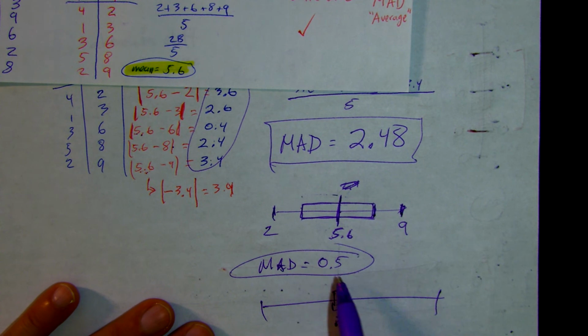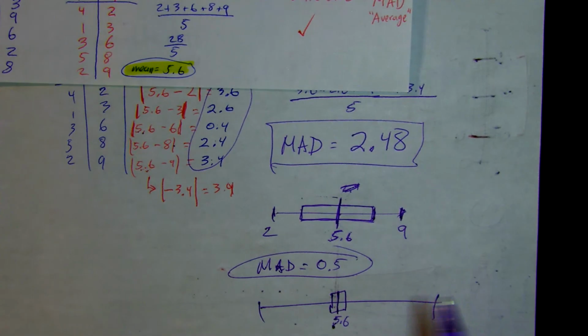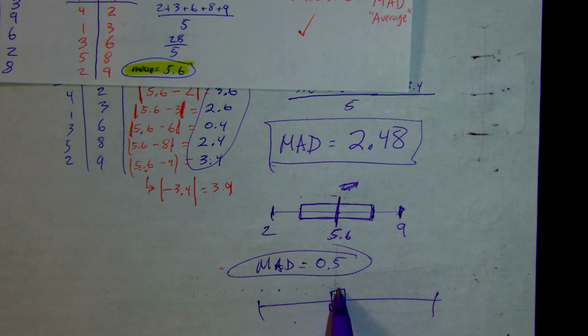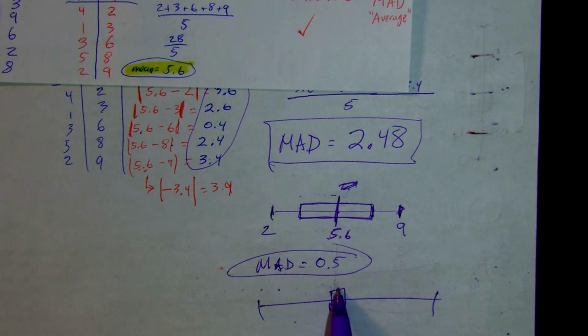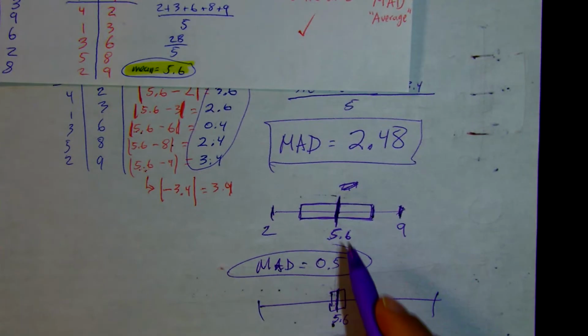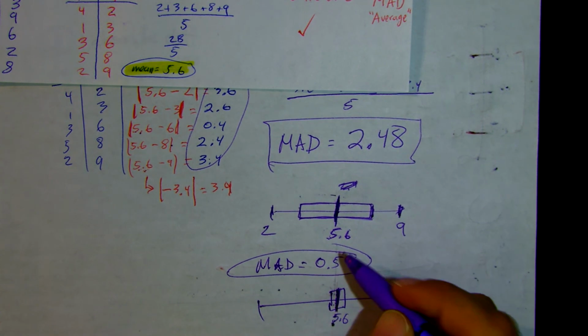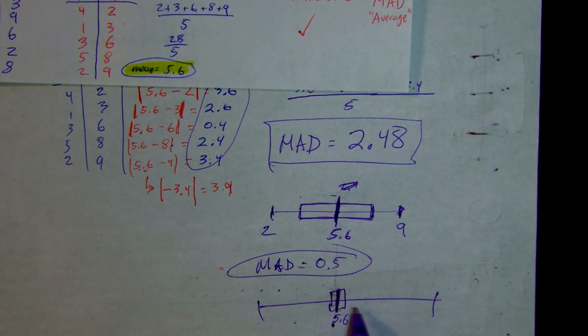So based on our MAD, it's talking about how spread out it is. The MAD is how much it deviates from our average, okay? And again, in box plots we're talking about this as the median. But we're also going to learn later how we can make box plots look at this as the mean, as far as the average goes. So all this is saying is I just give you a representation of where this fits.